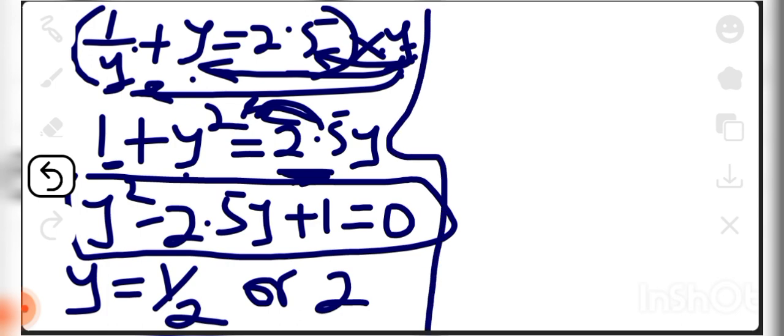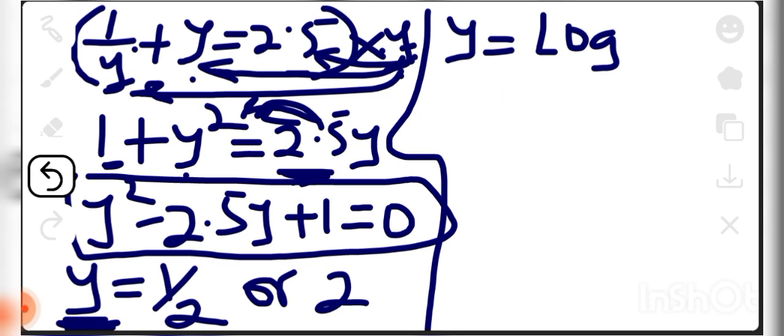So since we have y to be equal to this, what is y again? We always say let y be equal to something. We say let y be equal to log x to base 3.